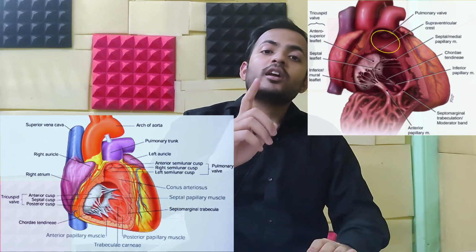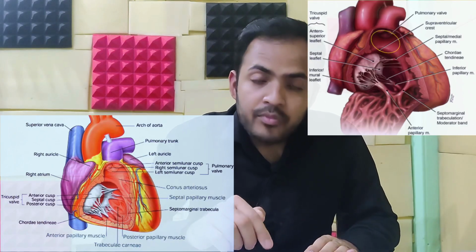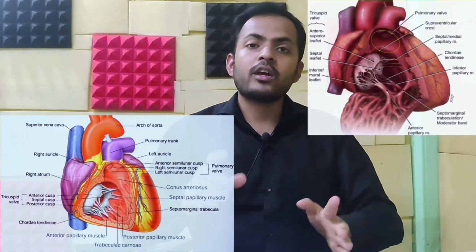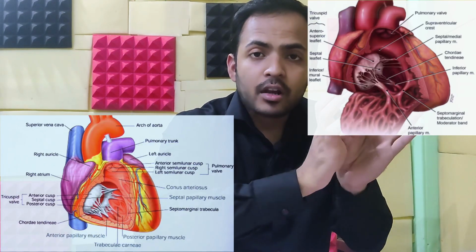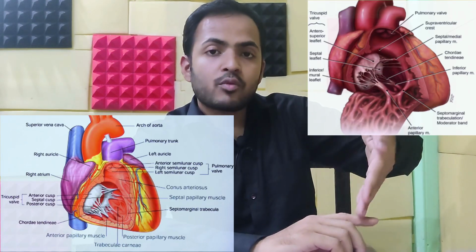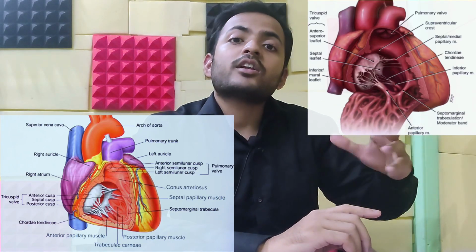So you are getting infundibulum only and only in the right ventricle. You will never find this infundibulum in right atrium, left ventricle. Okay, only in right ventricle. This base of this pulmonary trunk gives a conical appearance. Okay, so due to the presence of this conical structure, we also call it conus arteriosus.